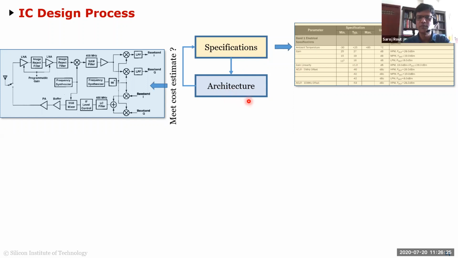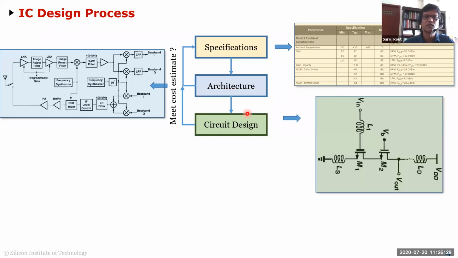Then once you're happy with the architecture, you do the circuit design, where you start designing each of the circuits, and that's where you choose what's called, in VLSI, the technology. In VLSI, it's not like board-level design where you buy components off the shelf, and if you didn't like this transistor, you replace it with another.